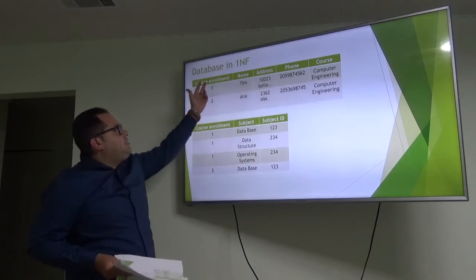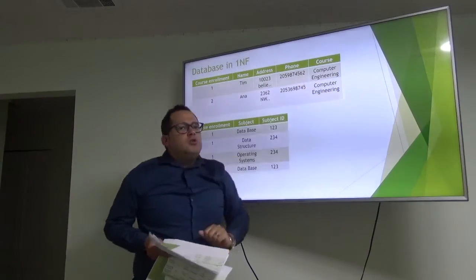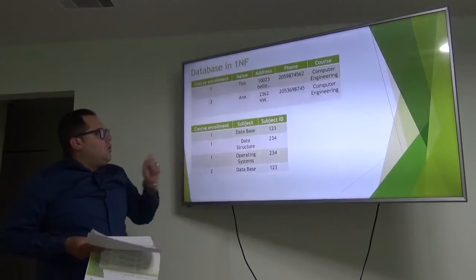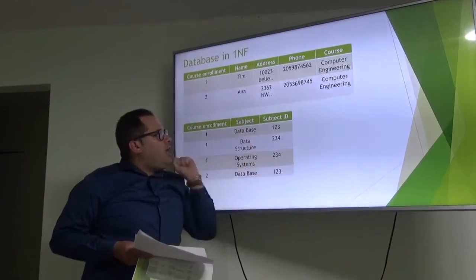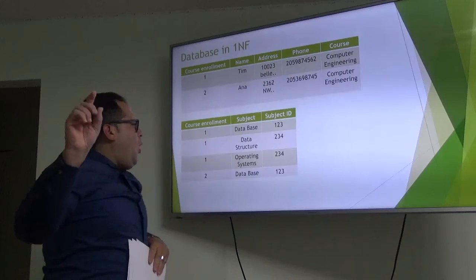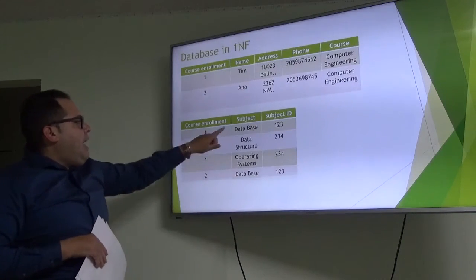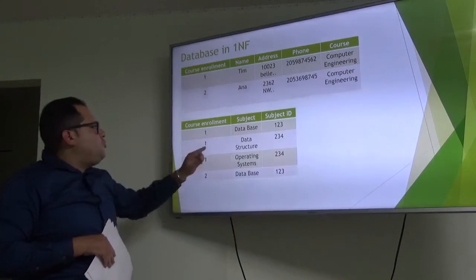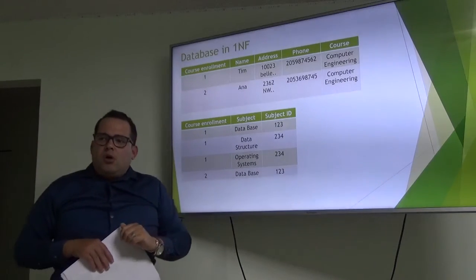Well, we have the table with course enrollment, name, address, phone, and course, and we have another table with the information of subject and subject ID. Okay, why in that new table are we adding a third column? If you see, the column is the same as in the first table.